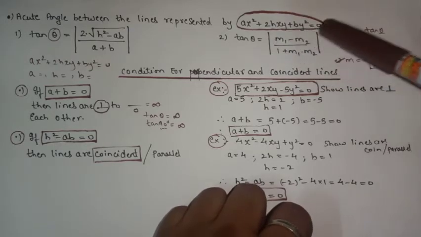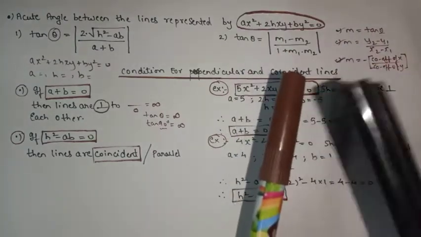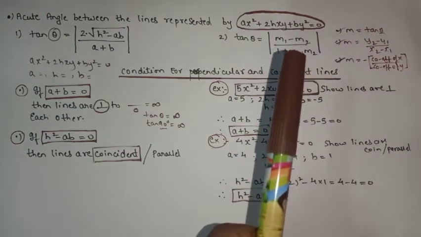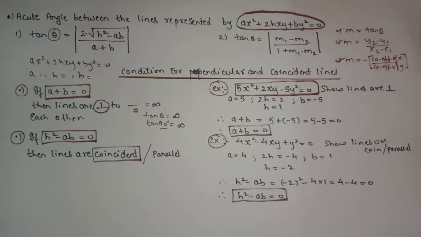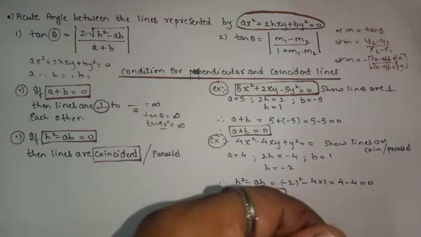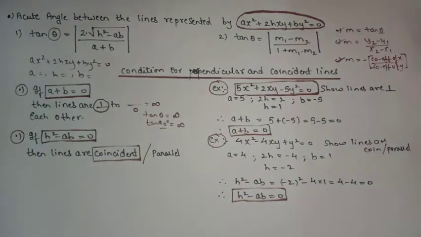So m1, m2 means what? You will have two lines. From this you will get m1, from this you will get m2, substitute the values, and you will get the answer. Okay, understood? Got the point? But the sums are based on formula number 1.